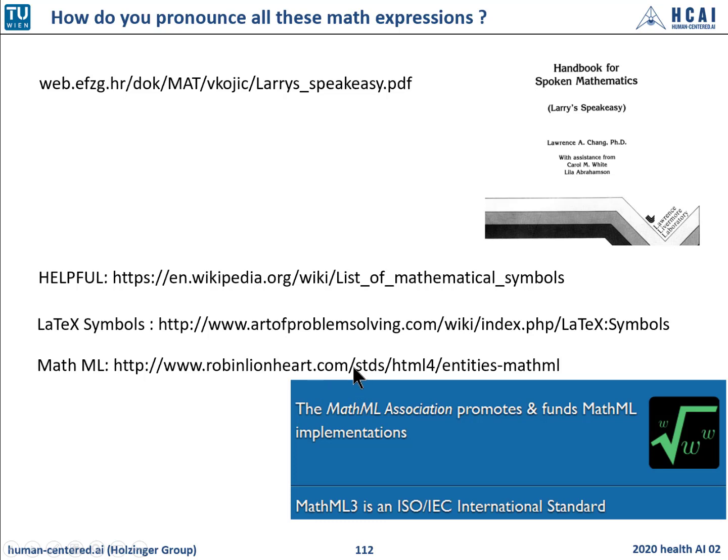So how do you pronounce all these math expressions? There's a beautiful resource, the Handbook for Spoken Mathematics, which I can recommend. Also helpful, there's a list of mathematical symbols with the expressions, so how do you pronounce it? And of course, MathML.